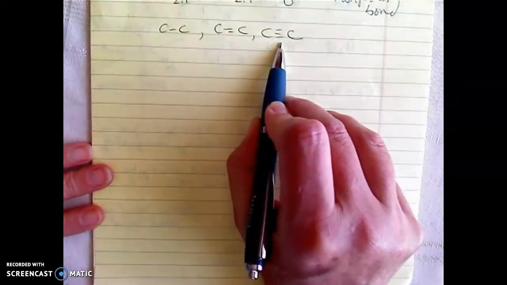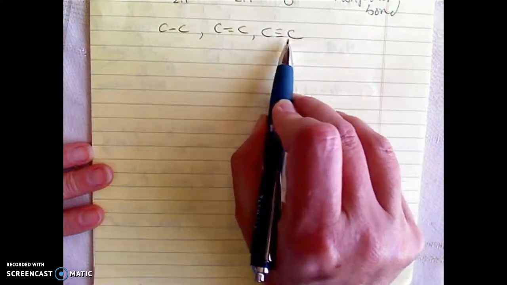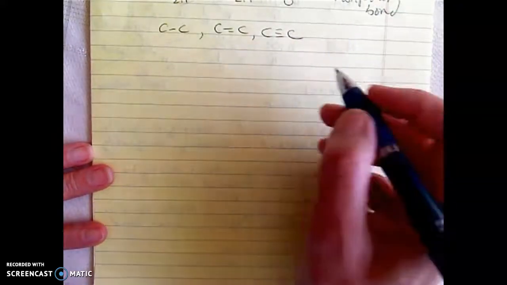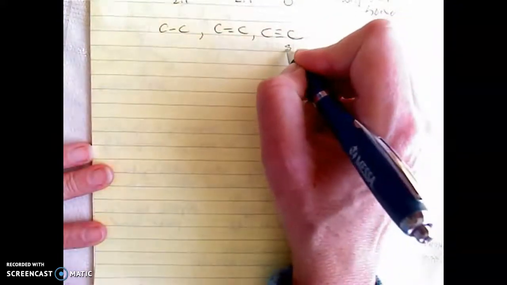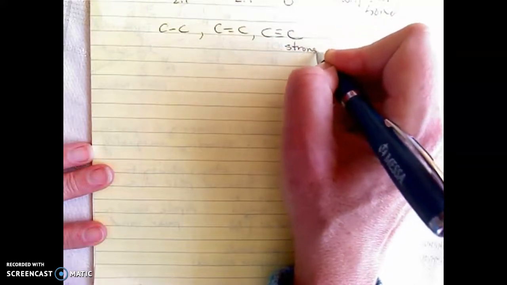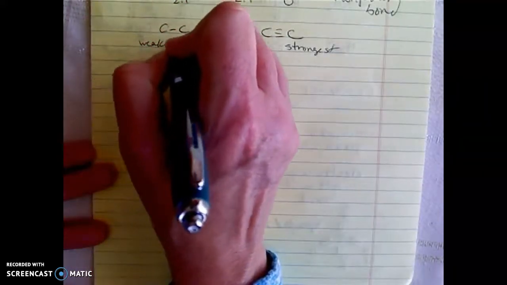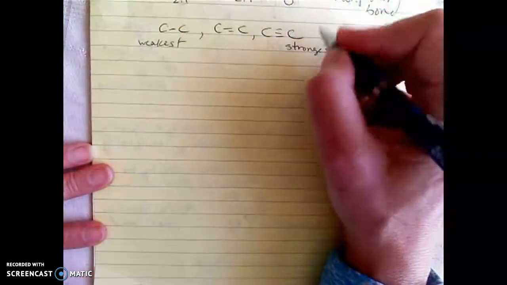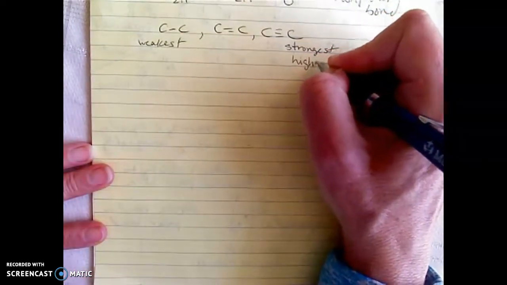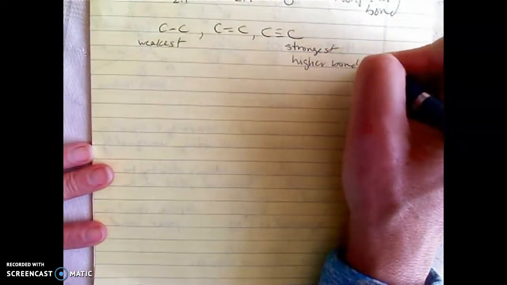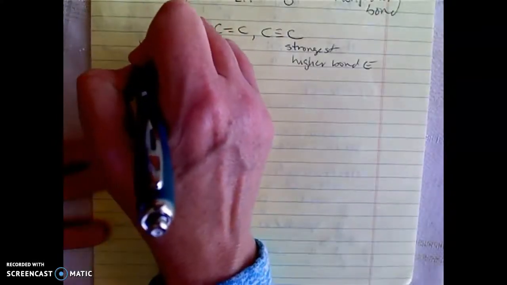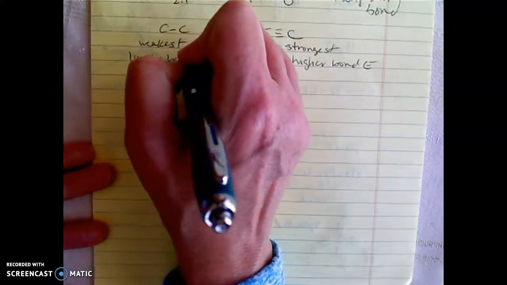Here you have 3 shared pairs, 3 electrons from each atom. Keep in mind that these have the strongest attractive forces between them, where this would be considered the weakest. So in other words, these have a higher bond energy, or these would have a lower bond energy.